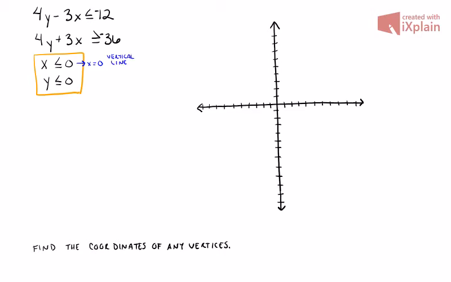So I'm going to highlight where that vertical line actually is. It's happening right on top of your y-axis. Because if you notice, if you pick any point off of the y-axis, the x value is guaranteed to be 0. Likewise, if we take a look at y is less than or equal to 0 and just replace that with an equal sign, we note that we have a horizontal line here.